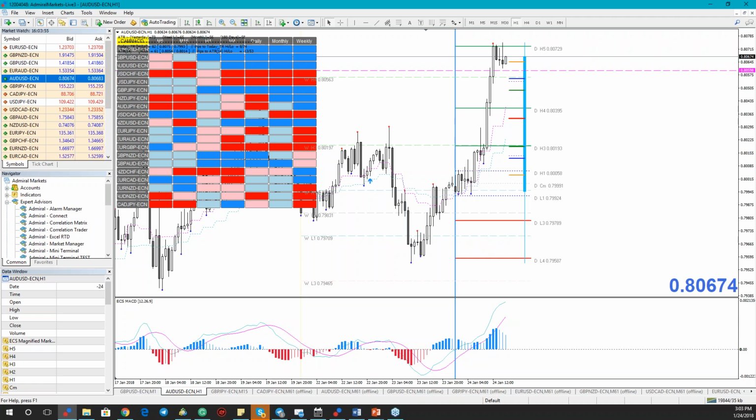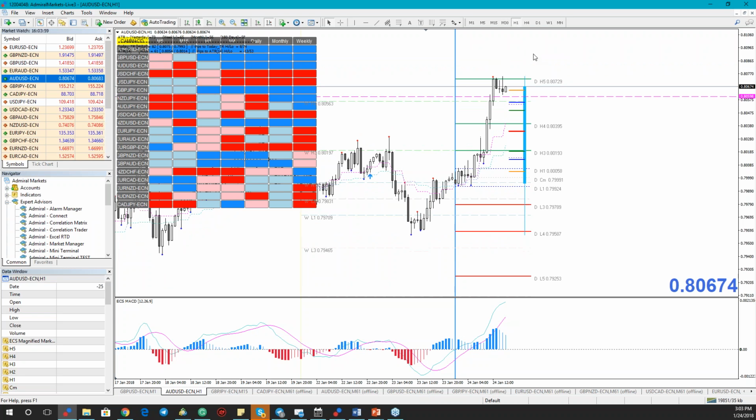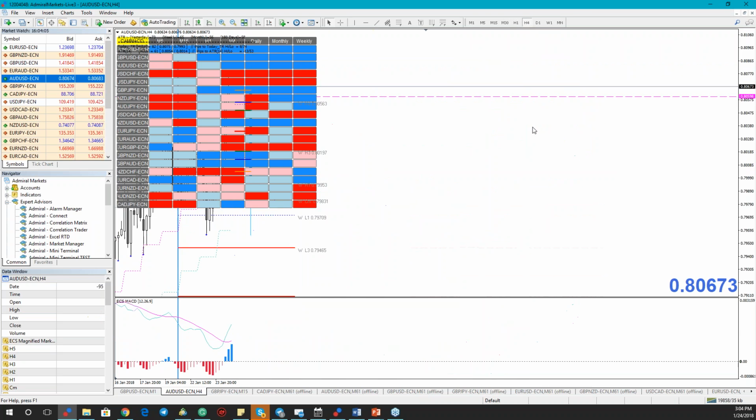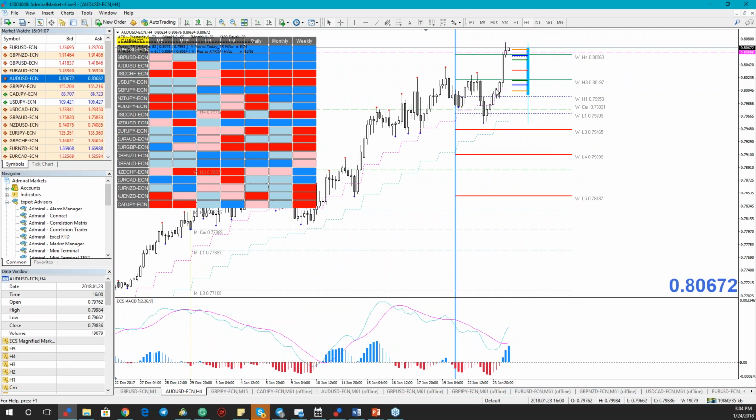Strong sell? I don't think it's a strong sell, Petkov, because this is a strong buy here. So in order to sell Australian dollar, we need to see some pattern, and there is no reversal pattern yet. There is no trend line break. Just because it hit WH4, it doesn't mean we should sell it.